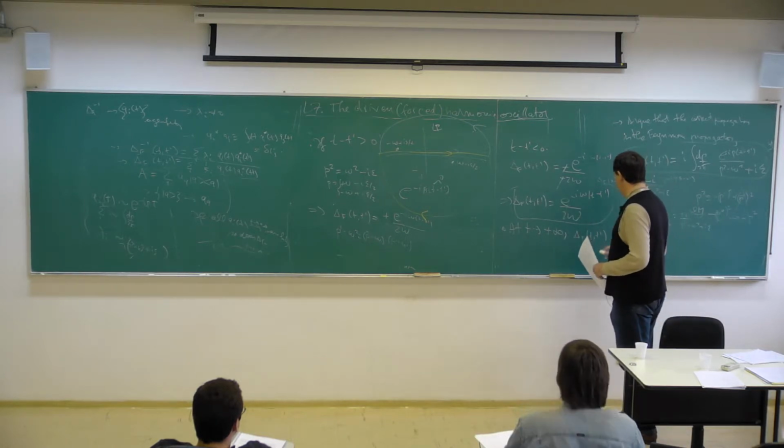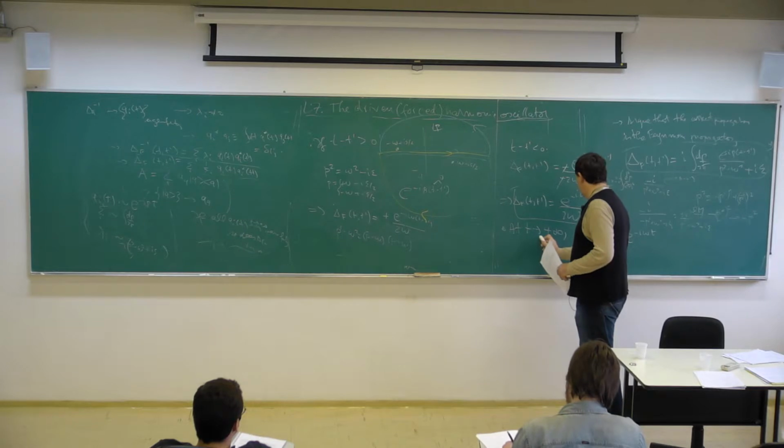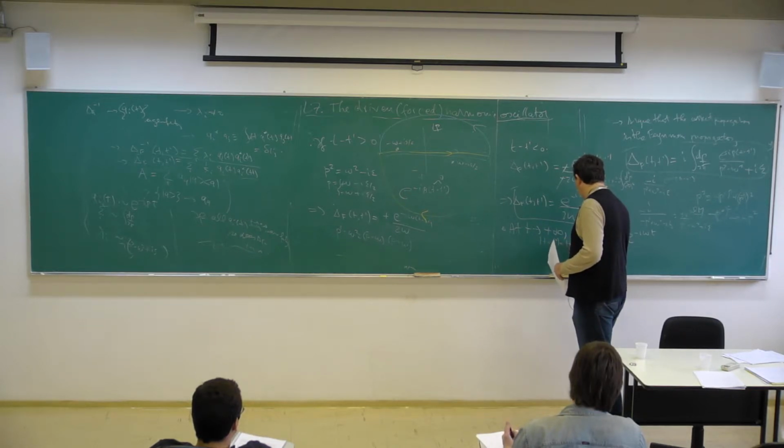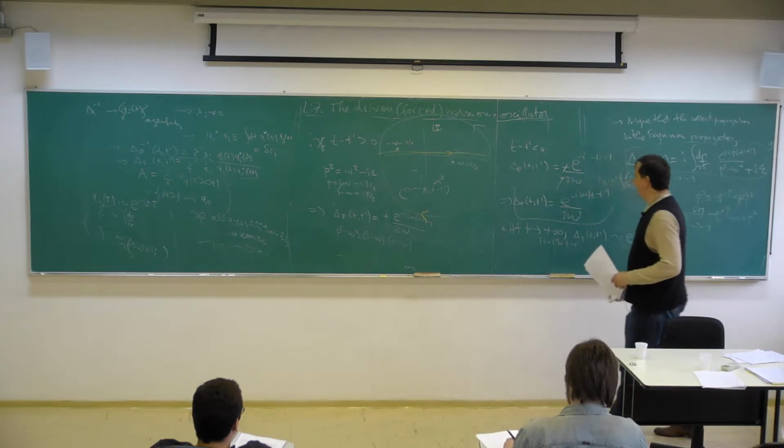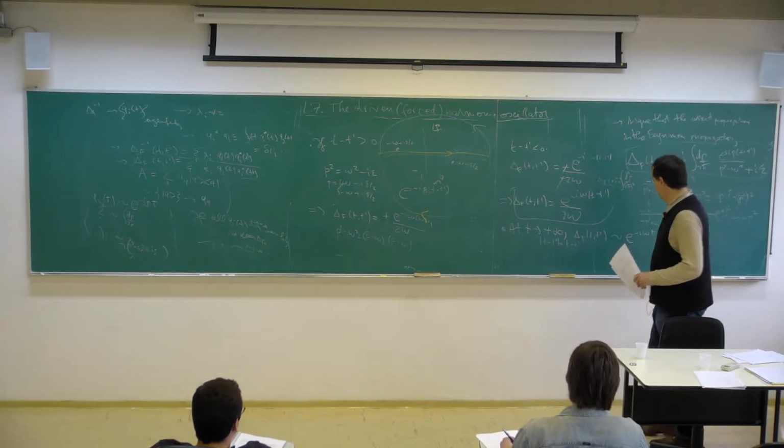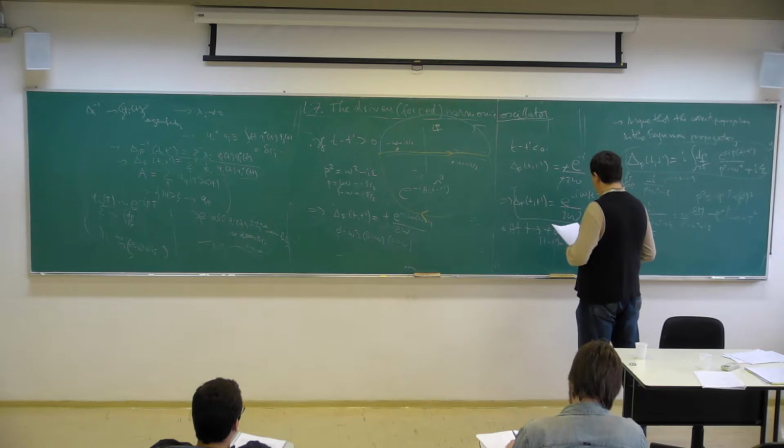So for t going to infinity, that means that the absolute value of t minus t prime is equal to t minus t prime.